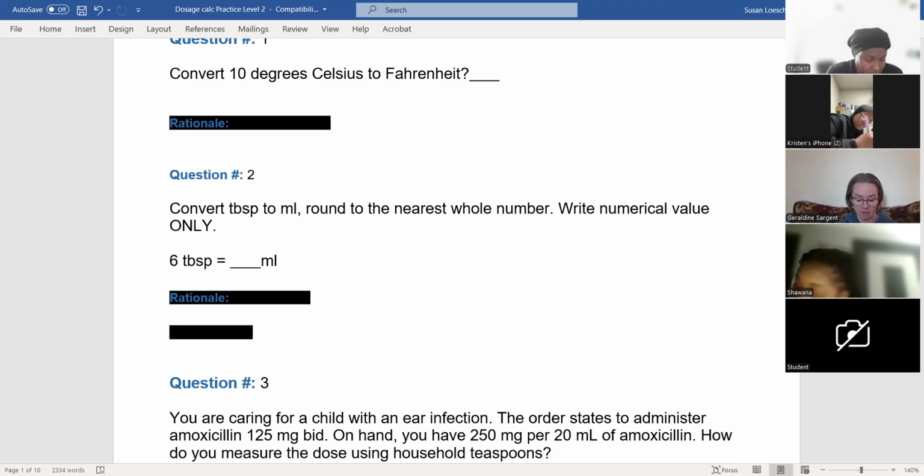Now, she does also break it down for you in videos. But if you just want the math to practice with, she has all kinds of dosage calc sheets. And you can just go through here, like here, if you look here. And she has the answers, okay?